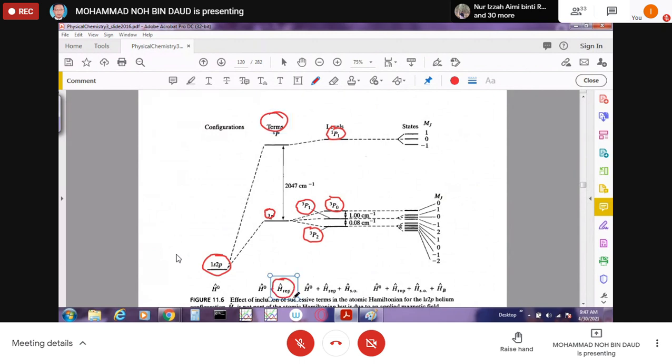When we introduce the electron repulsions, next we add this.